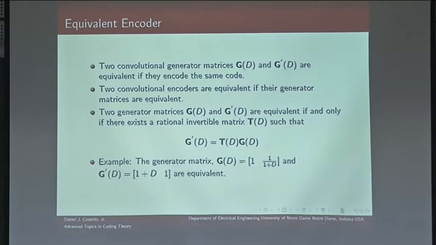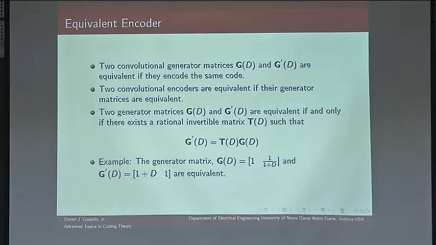But you can see how this will work. If you're using this encoder and you multiply it by u of d to get an output sequence, and then you say, I want to produce the same output sequence with this encoder, well, I would simply multiply this encoder by u of d divided by 1 minus d.